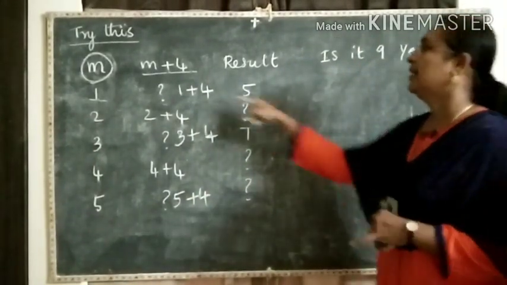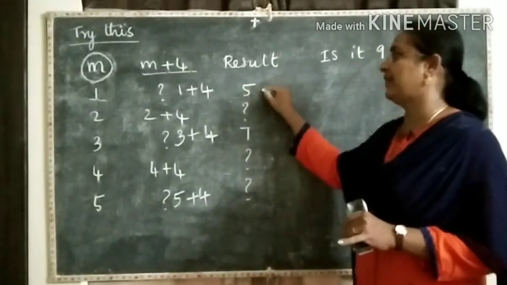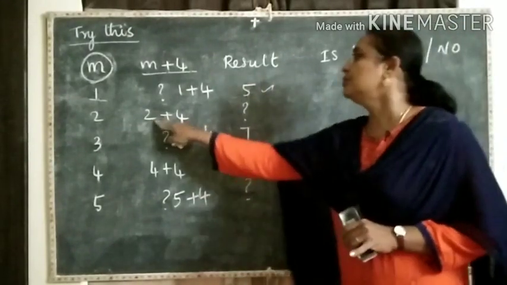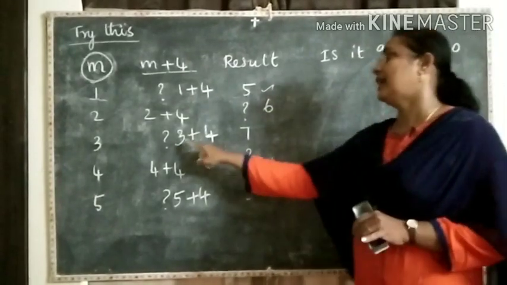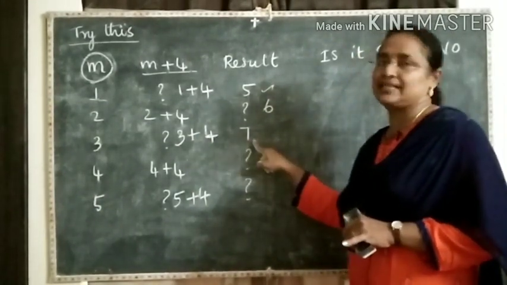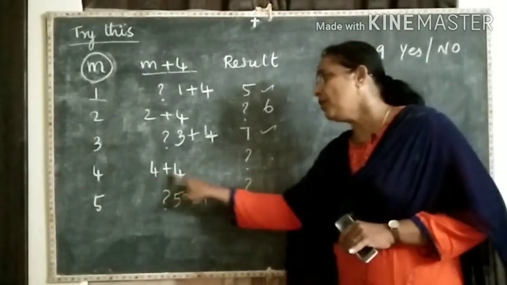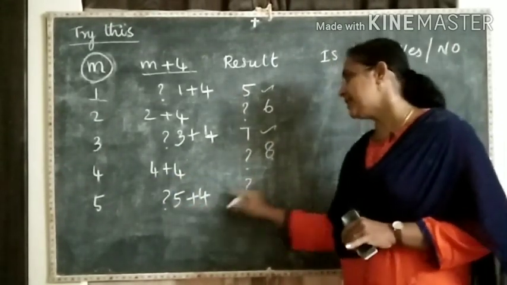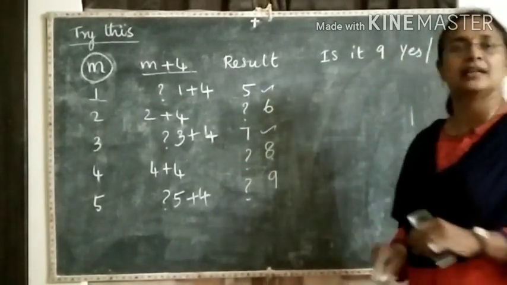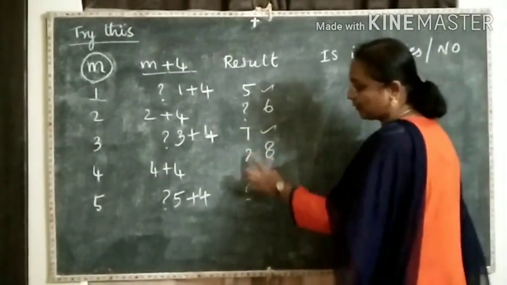Okay. Now 1 plus 4 is 5. Yes. Now 2 plus 4 is how much? I have to write the answer 6. Now 3 plus 4 is what? 7. Yes. Now 4 plus 4 is how much? 8. Now 5 plus 4 is how much? 9. So I am going to fill in the question marks.